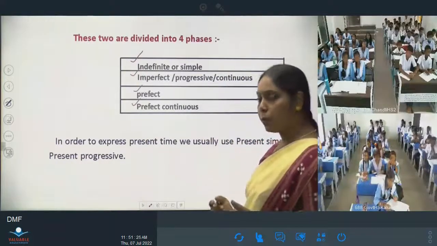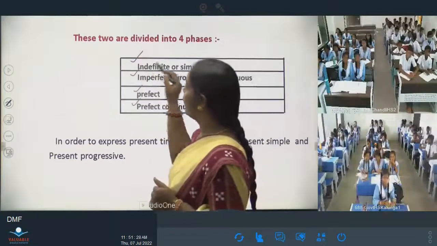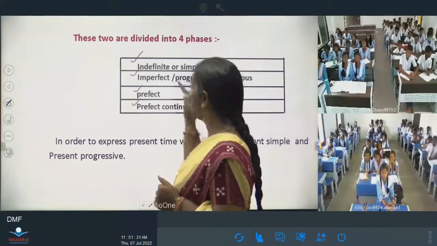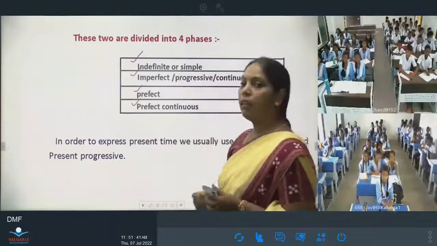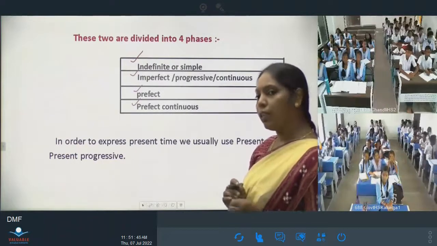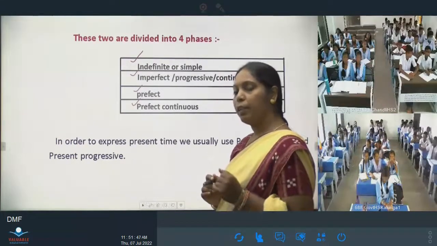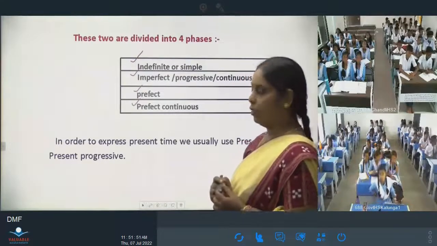And when we say past tense, we say past simple, past progressive, past perfect, past perfect continuous. In order to express present time, we usually use present simple tense and present progressive tense.